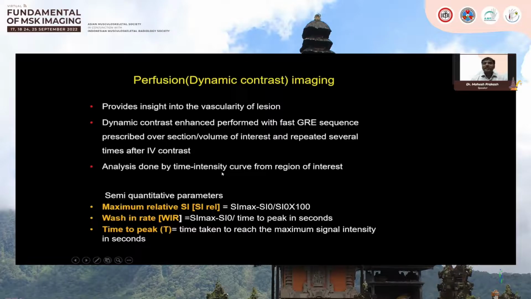Perfusion weighted imaging provides insight into the vascularity of the lesions, and we have to use the dynamic contrast enhanced sequence, and then we have to make the time intensity curve. Semi-quantitative parameters like wash-in rate and time to peak can be assessed.